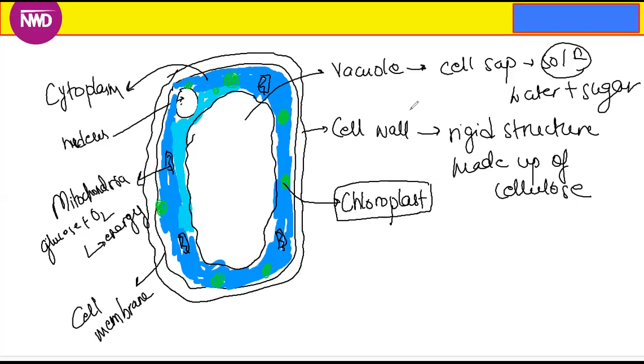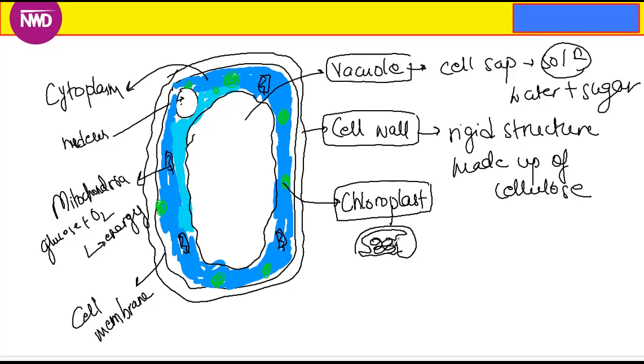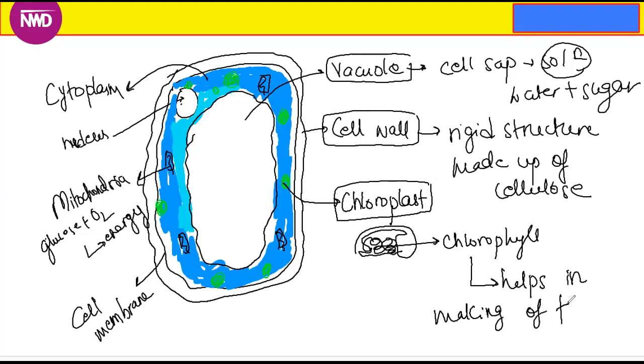What is a chloroplast? Chloroplast is a structure like this, which consists of chlorophyll. And chlorophyll helps in making food for the plant cell.